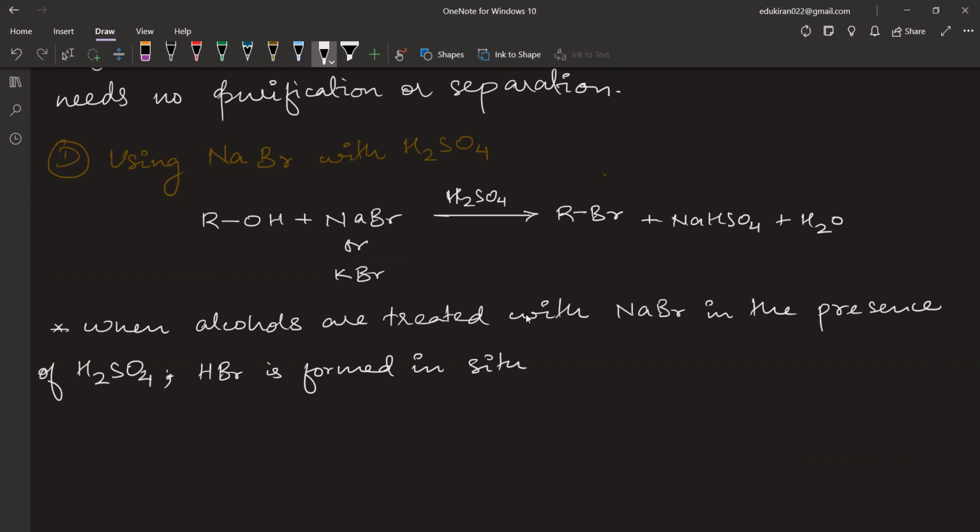That means we are not adding HBr as a reagent. We are adding the reactants which will make HBr in the reaction while it is happening. That is meant by in situ. HBr is formed in situ, which leads to formation of RBr, alkyl bromide.